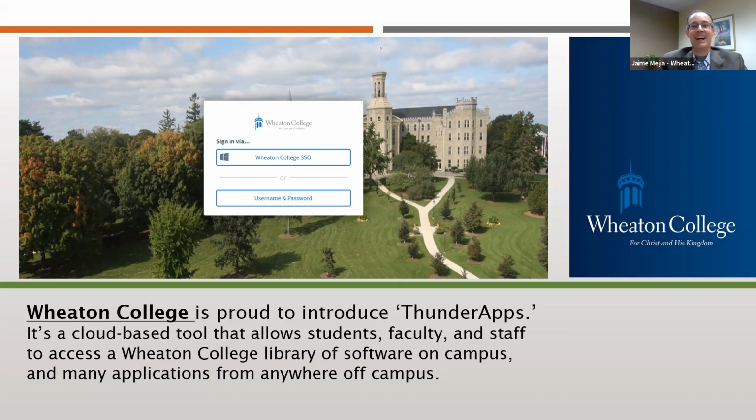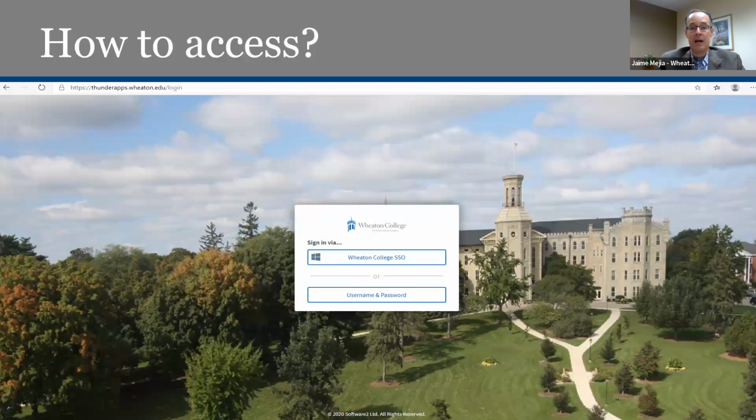The way that we put Thunder Apps out for everybody to use was that faculty and staff, whether on their own machines, their college machine, or any machine, were able to sign in with SSO. Students normally use the username and password, their net ID and password, and can just sign in to Thunder Apps.